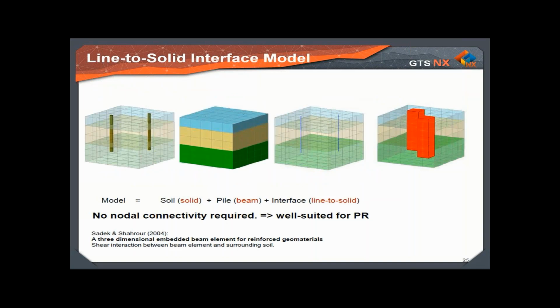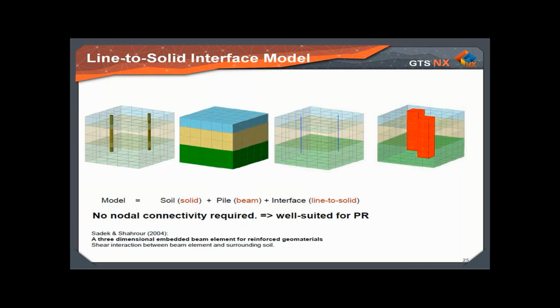The third option we have is to use the embedded pile or pile element, and with an embedded pile, you don't need to worry about the nodal connectivity between the pile itself and the surrounding soil. So you can model your soil completely independent of the piles, and the piles themselves can be placed arbitrarily in the soil, going through the solid elements.